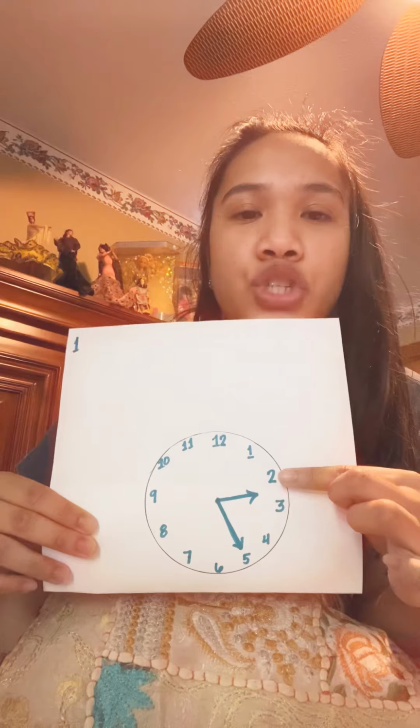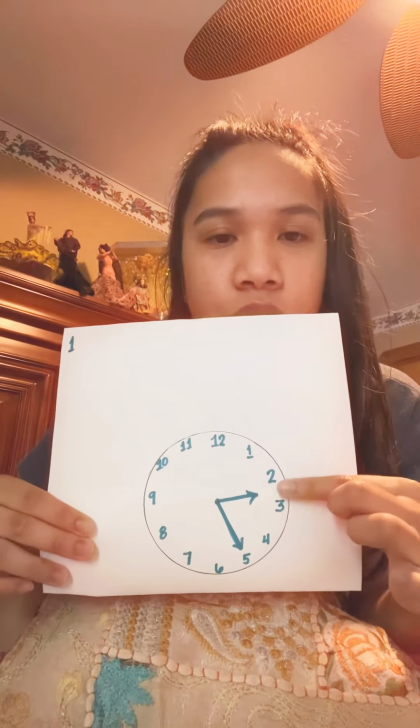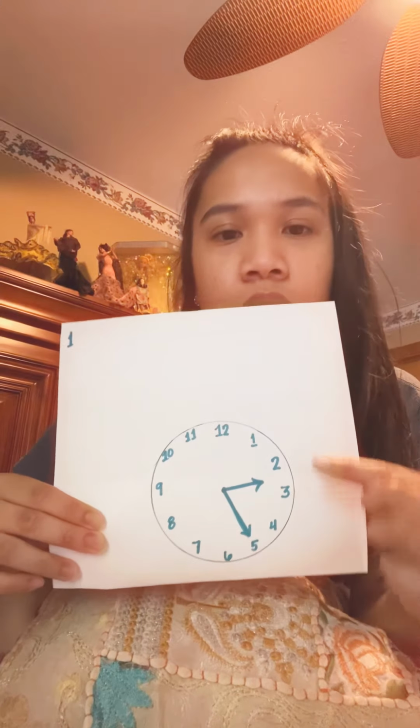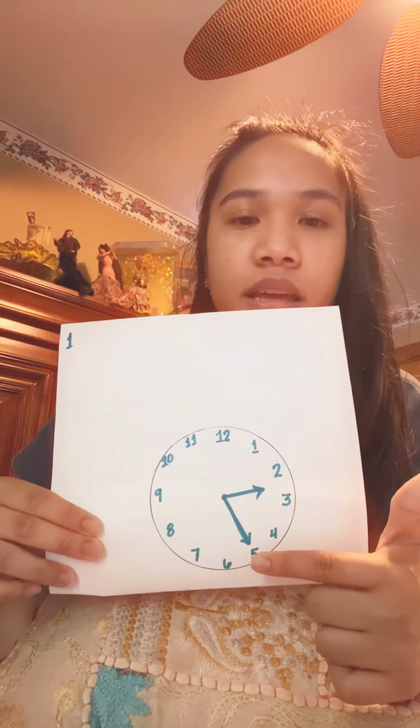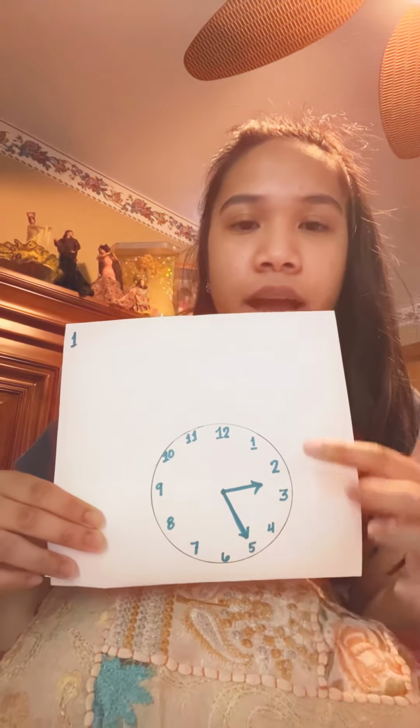So the hour hand should be at 2, since it's between 2 and 3. That's considered as 2. And then the minute hand is right over here. I want us to count by 5: 5, 10, 15, 20, 25. So our time is 2:25.